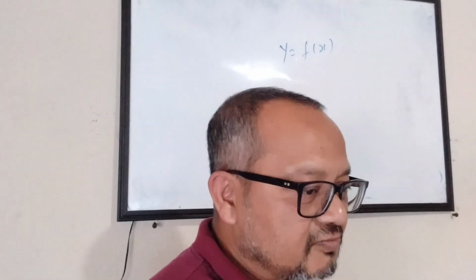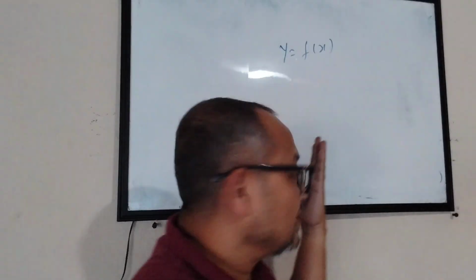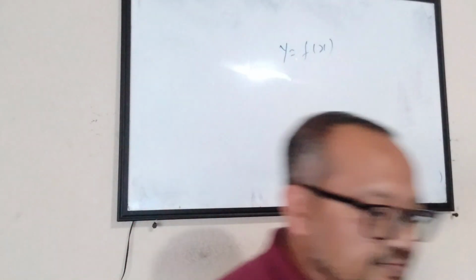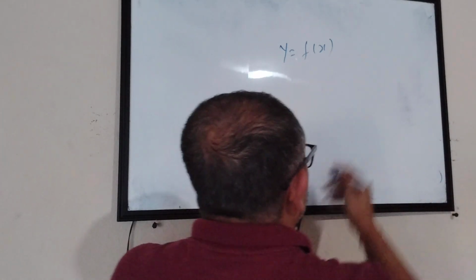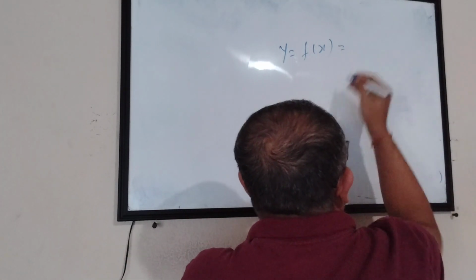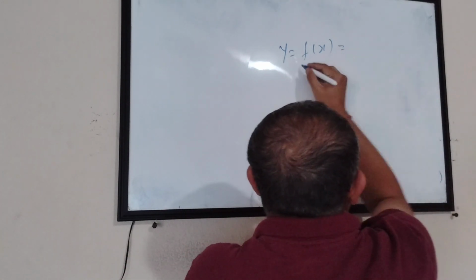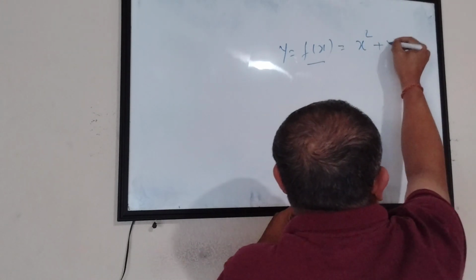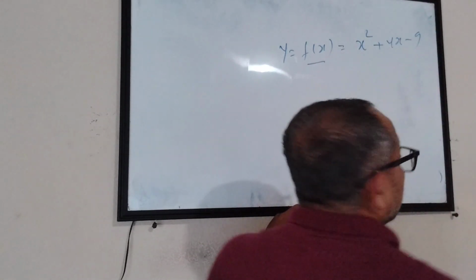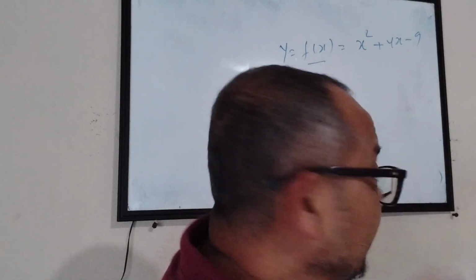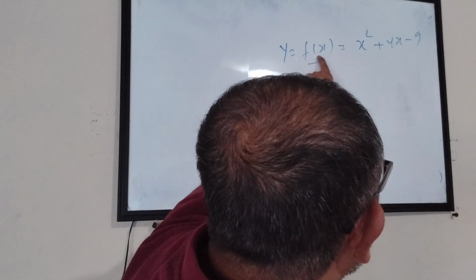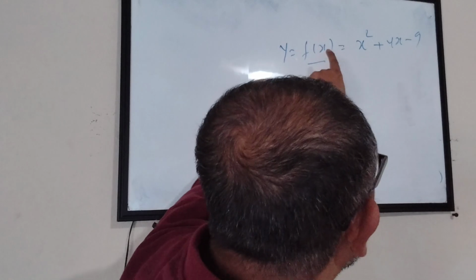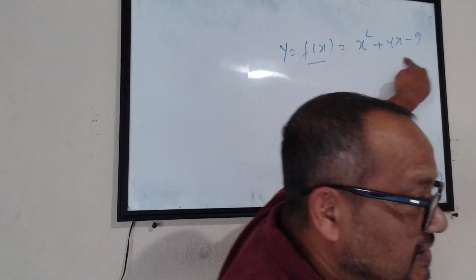You will say what exactly it is. It will look more complete if I say y is a function of x, and how. I will say, let's say x squared plus 4x minus 9. Now we are saying that y is a function of x, meaning y is dependent on x. How? This is the equation.